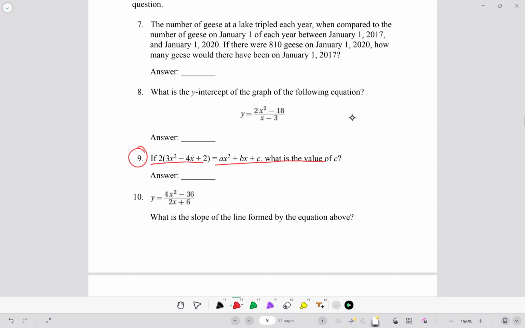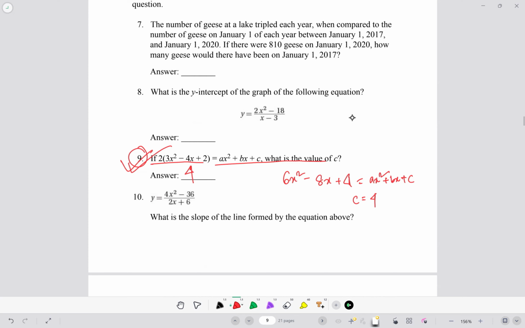This is called the coefficient equating process. 6x squared negative 8x plus 4 is equal to ax squared plus bx plus c. So what is the value of c? Coefficient equating process. So c is going to be 4, right? This is going to be c equals 4.